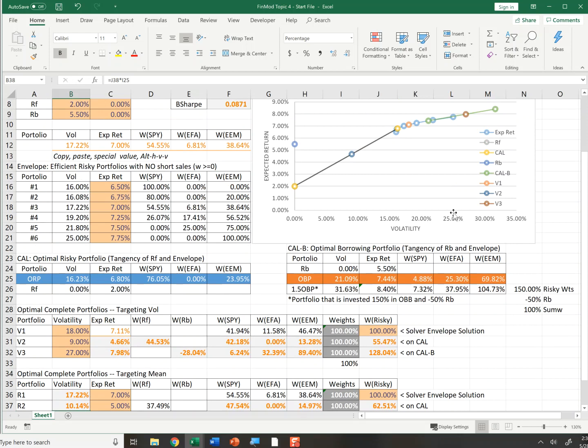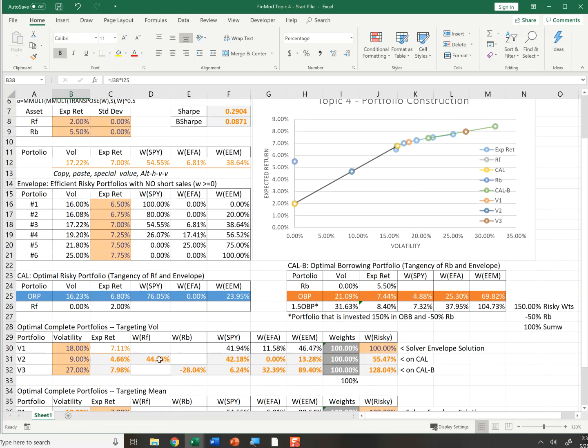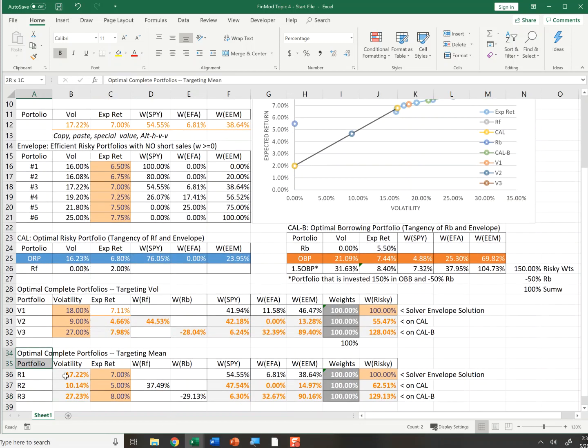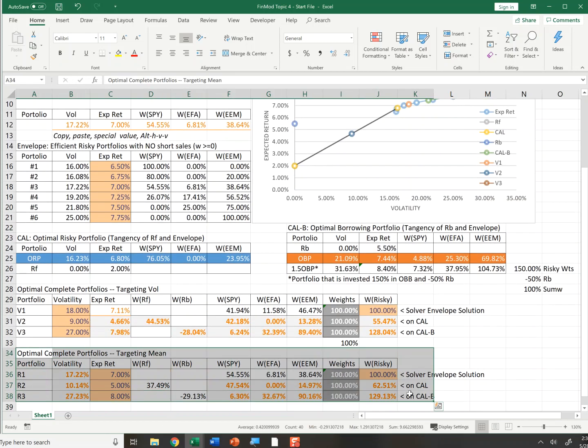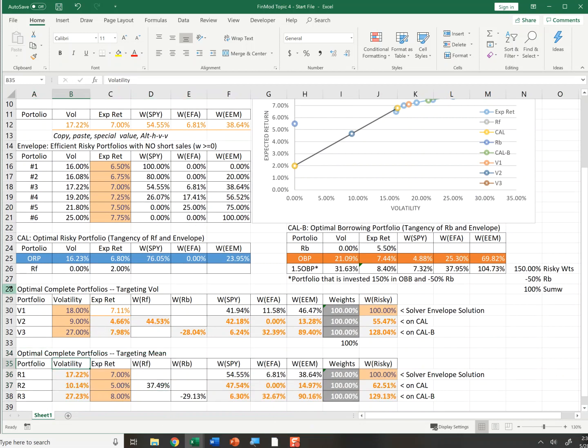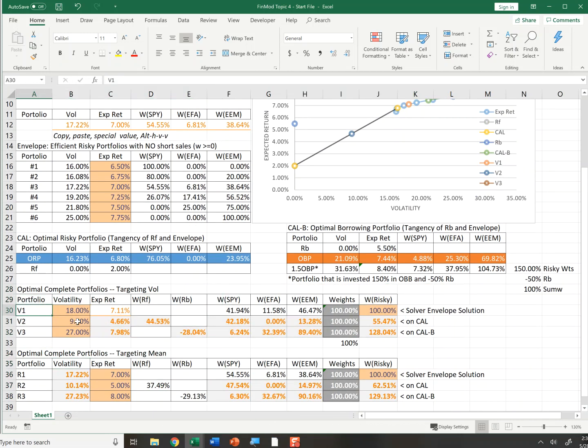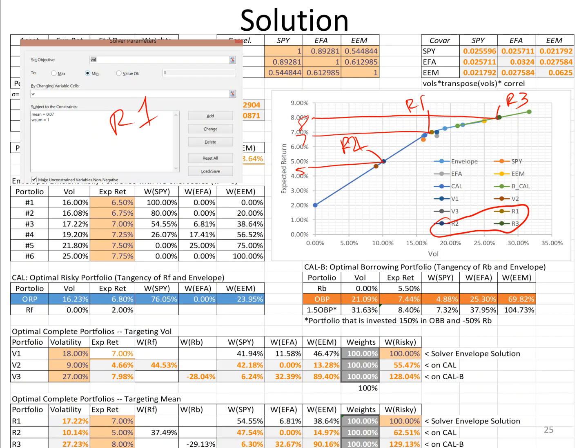So it gives me a point right about here, which is 8% and 27. So these are my optimal complete portfolios for return targets of 7, 5, and 8, and optimal complete portfolios with vol targets of 18, 9, and 27.